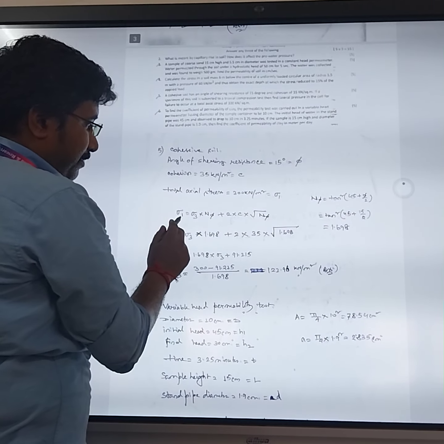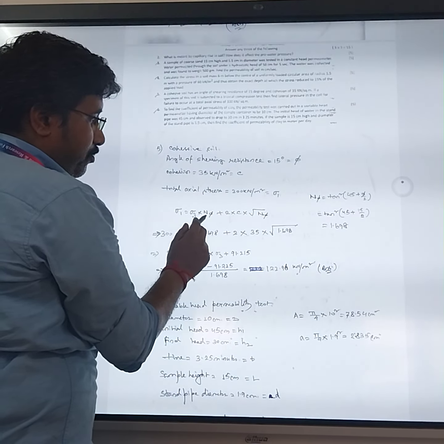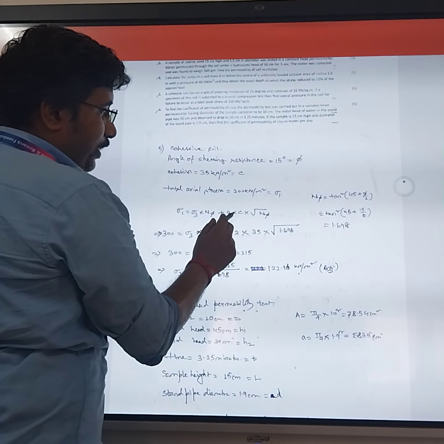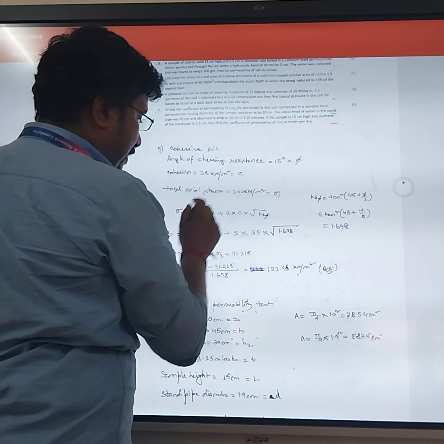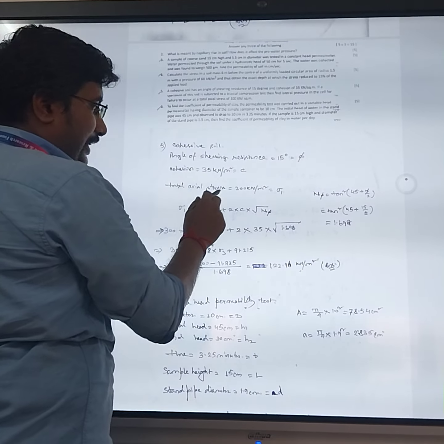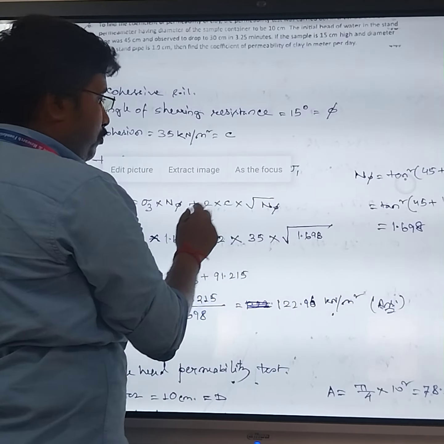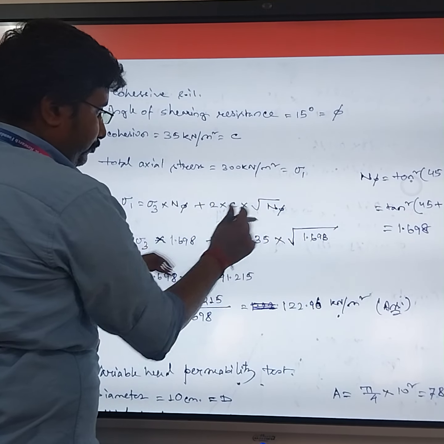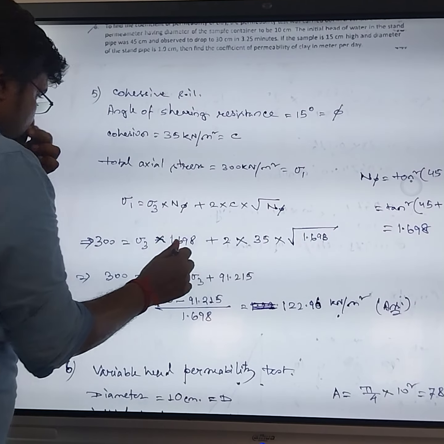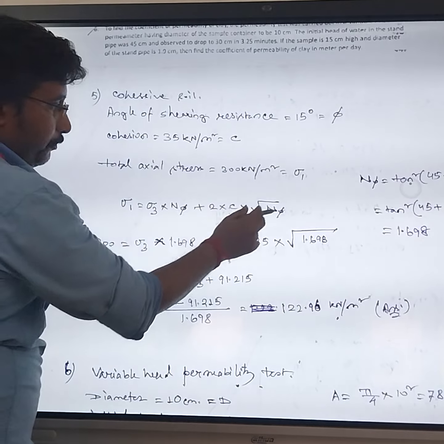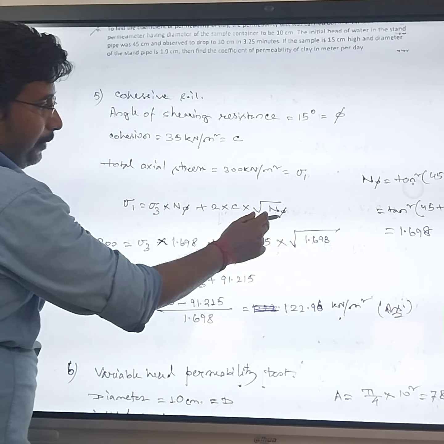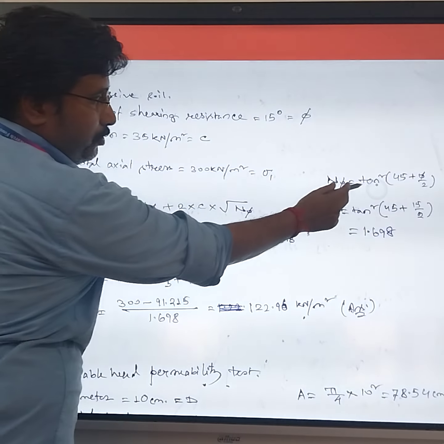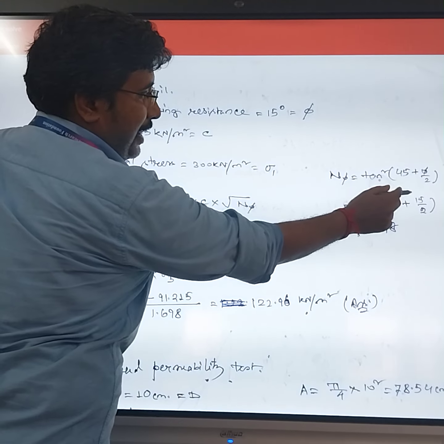The formula will be sigma 1 equals sigma 3 into N phi plus 2 into C into root over of N phi, where sigma 1 equals total axial stress and sigma 3 equals lateral pressure. First, we have to calculate the value of N phi, where N phi equals tan square (45 plus phi by 2).